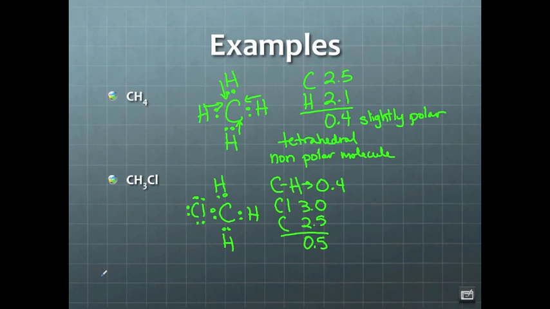The main reason this is different is because all of our H electrons are getting pulled in toward my C, but my Cl makes my molecule lopsided. So electrons are then pulled toward my Cl. So this is overall going to end up being a polar molecule because the electrons are not being pulled evenly all the way around. They get pulled more toward my Cl.